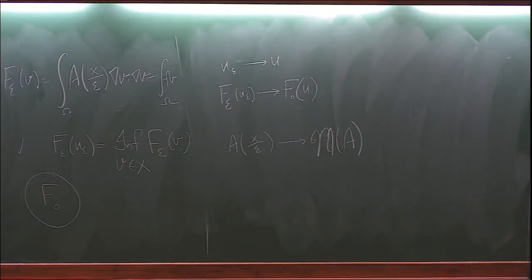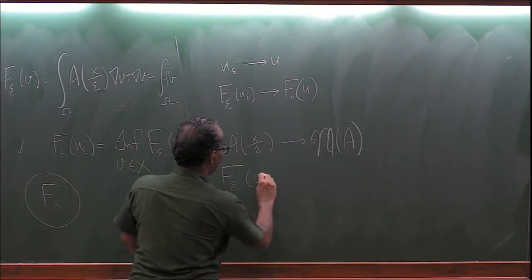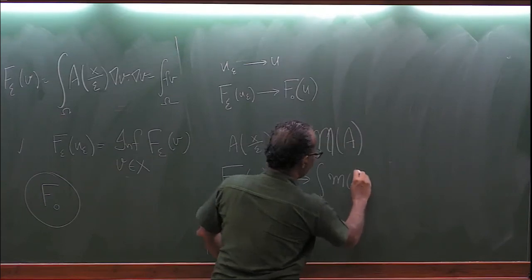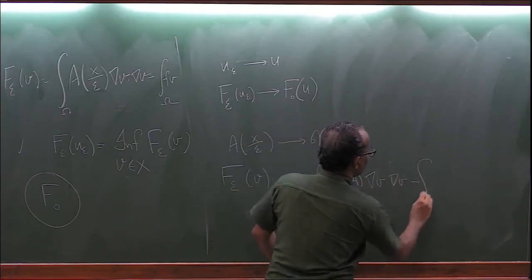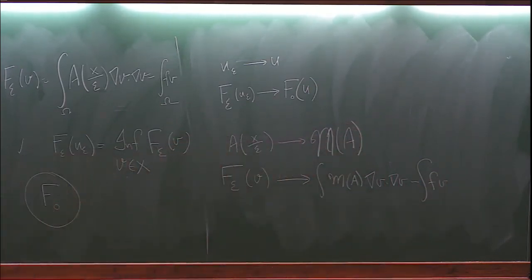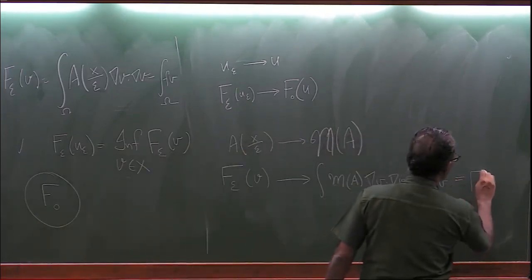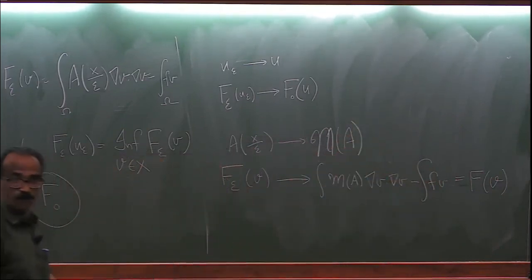So you have a pointwise convergence immediately. This converges to the integral of M of A, gradient of V, gradient of V, minus F V. So you have an associated functional, some pointwise limit F naught, and corresponding to that I can associate a minimization problem.